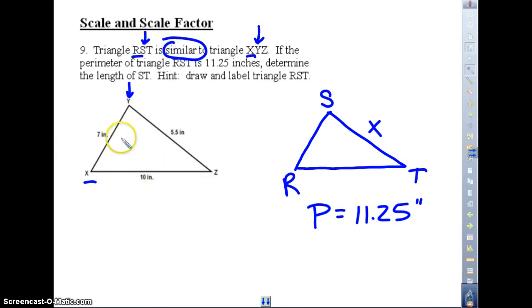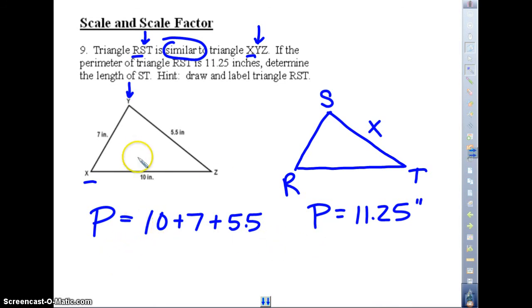What do I need to do over here? I've got this side, and this side. I'm talking perimeter over here. You better be thinking I'm going to calculate what over here. Yeah, I'm calculating the perimeter. It's 10 plus 7 plus 5.5. Add that up.